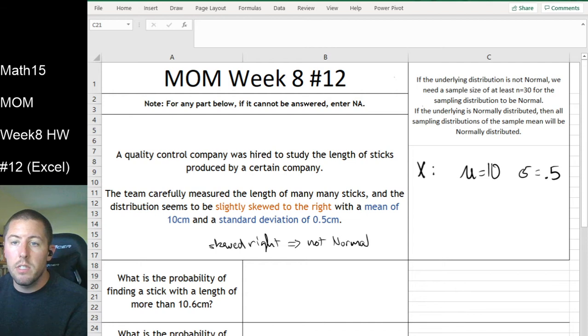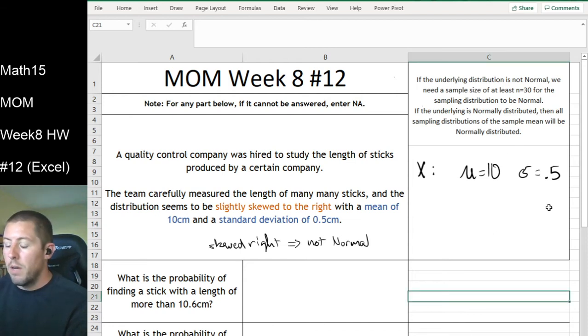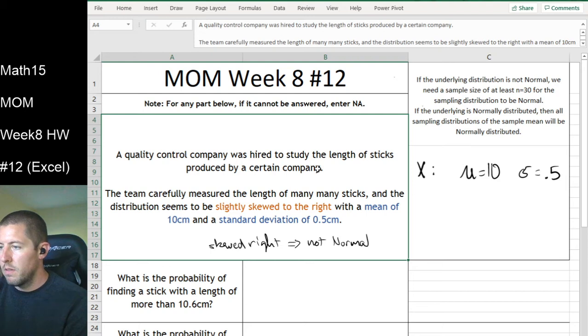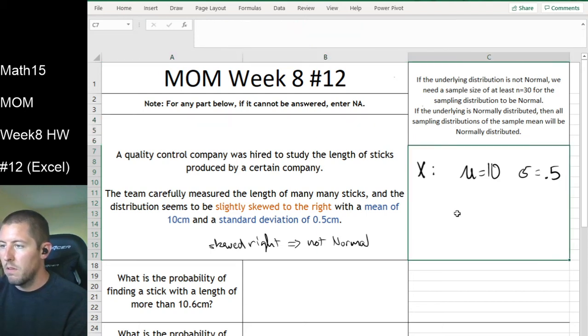So let's answer a couple questions that are associated with this then. And by the way, it's not bell-shaped, right? Why is this being weird now? Okay.